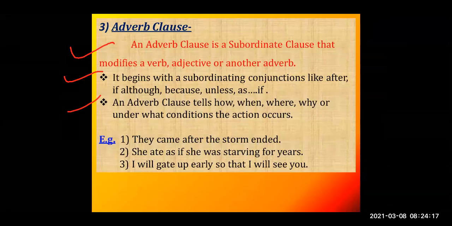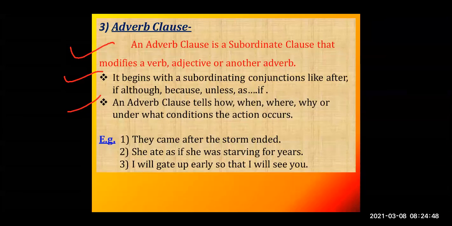Again, an adverb clause is a subordinate clause that modifies a verb, adjective, or another adverb. It begins with subordinating conjunctions like after, if, although, because, unless, as if, and it tells how, when, where, why, or under what conditions the action occurs.